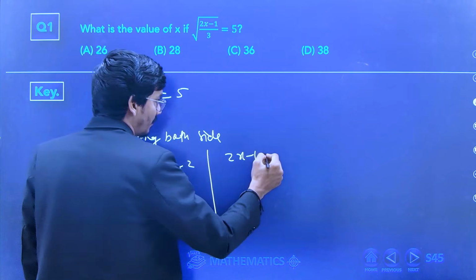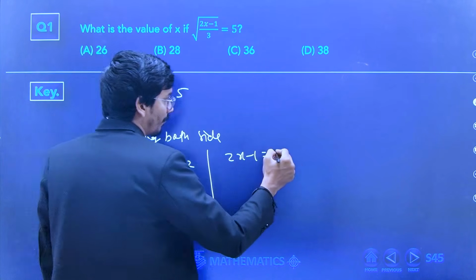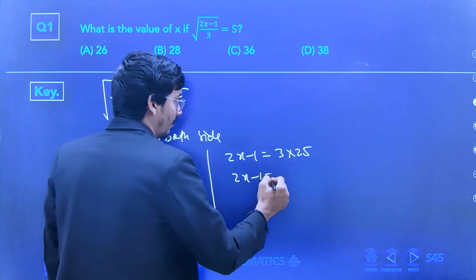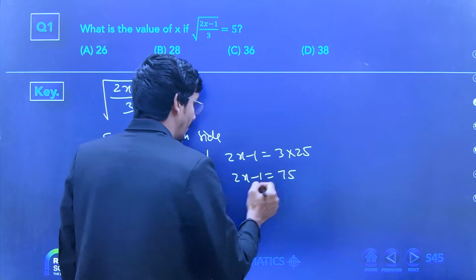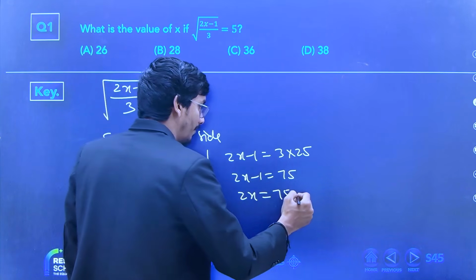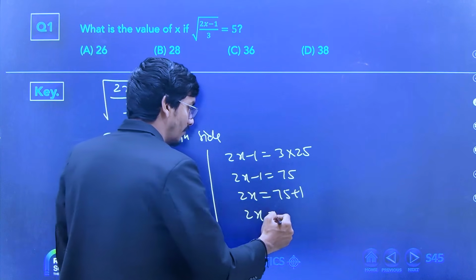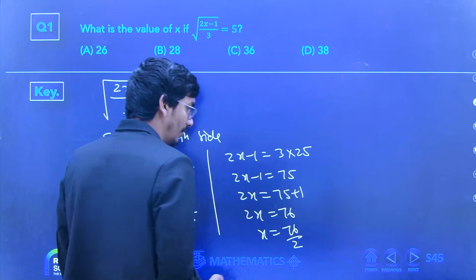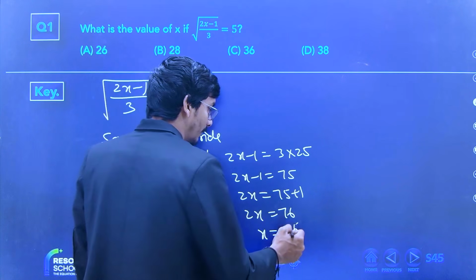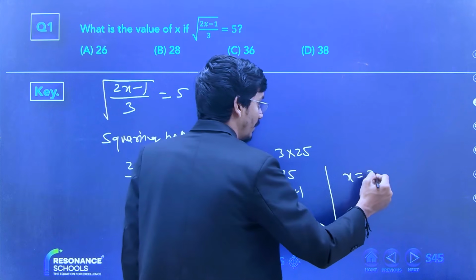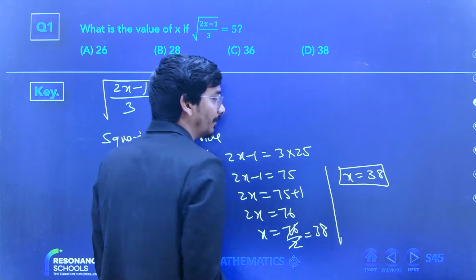So 2x minus 1 equals 3 into 25, so 2x minus 1 equals 75. So 2x equals 75 plus 1, so 2x equals 76, so x equals 76 by 2. So it's coming what? 38. The value of x equals 38.